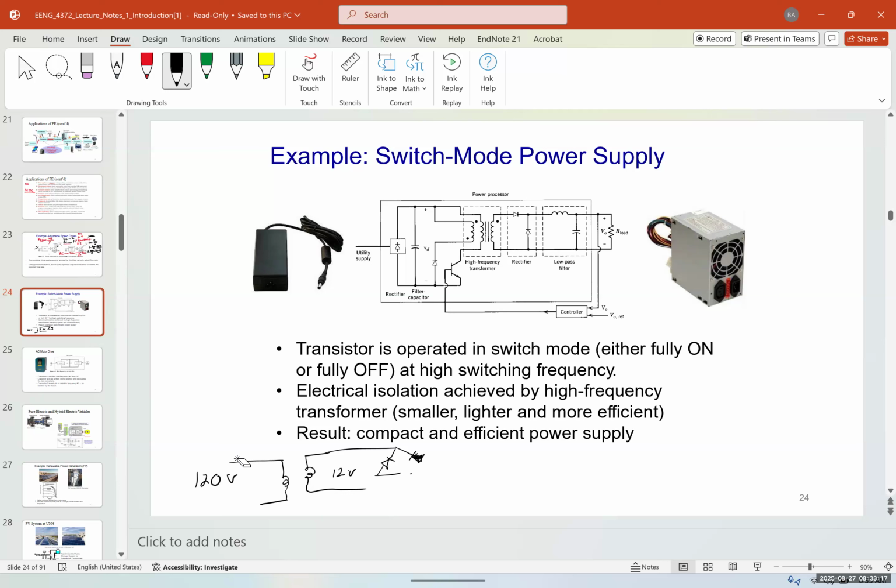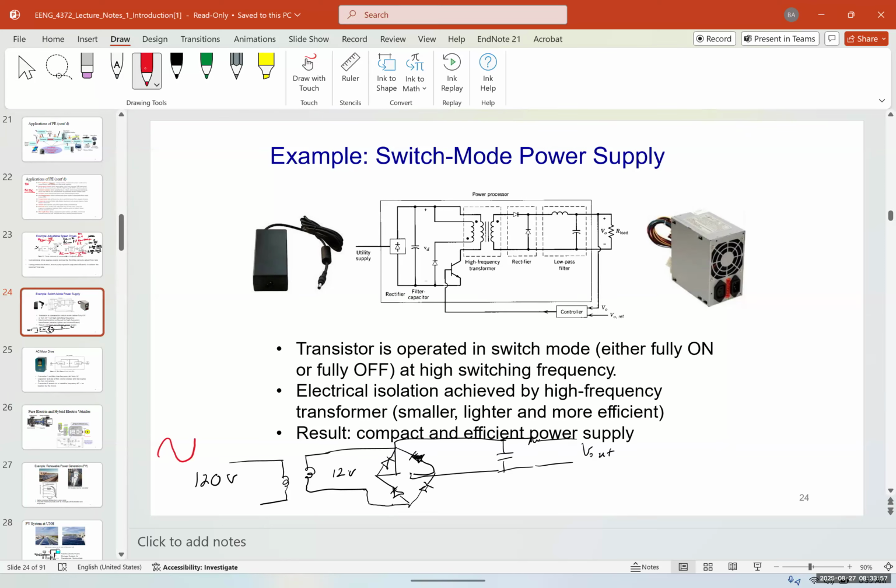And the bridge rectifier is then connected to a series of capacitors and resistors, and finally you have the output V out. So you are converting the AC signal to DC. First you are stepping down the voltage, then you're converting AC to DC, and finally you would smooth out the signal.